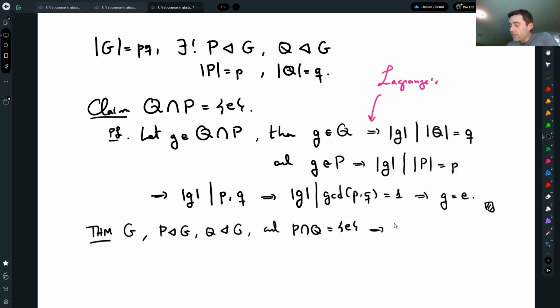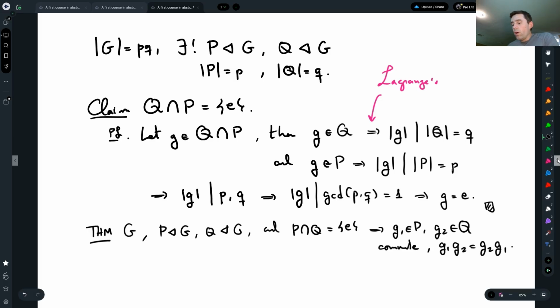Any g1 in P and g2 in Q commute, so g1 g2 is g2 g1.